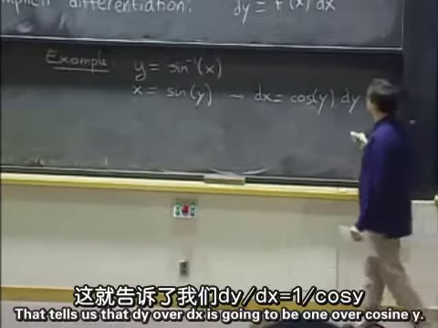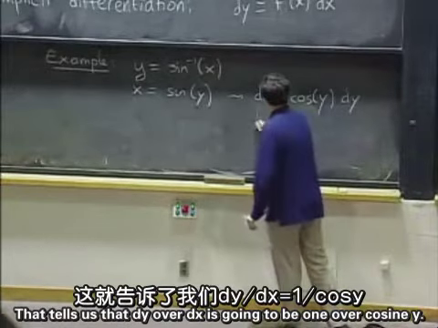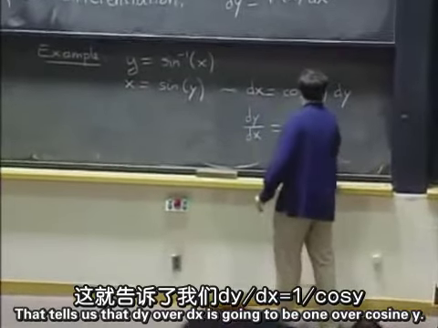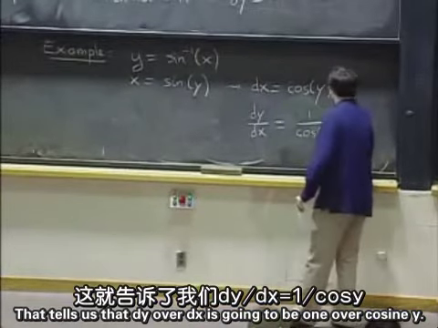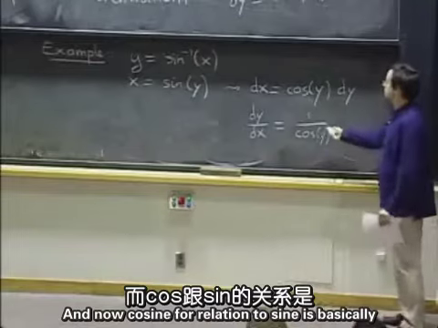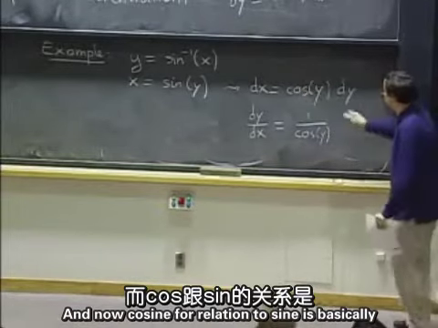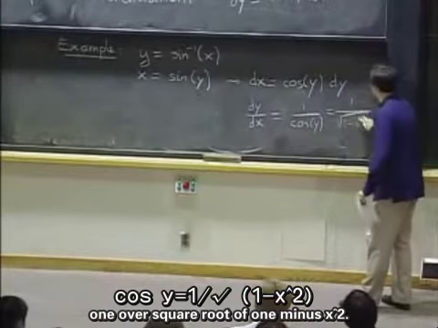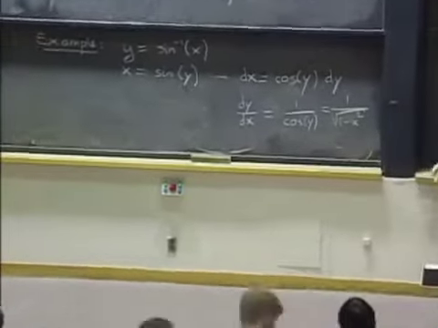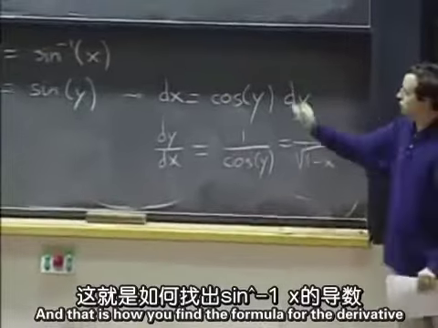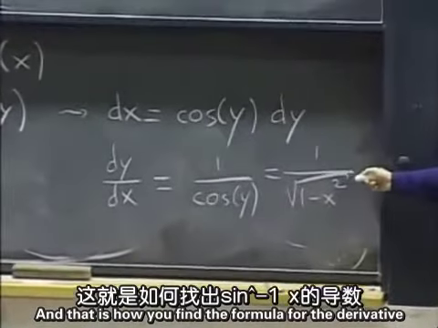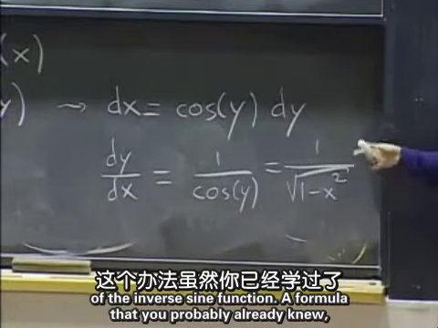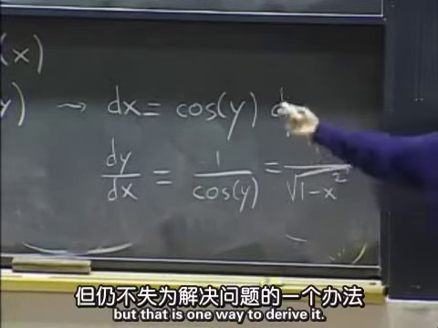And so that tells us that dy over dx is going to be 1 over cosine y. And now cosine, in relation to sine, is basically 1 over square root of 1 minus x squared. And that's how you find the formula for the derivative of the inverse sine function. A formula that probably you already knew, but that's one way to derive it.